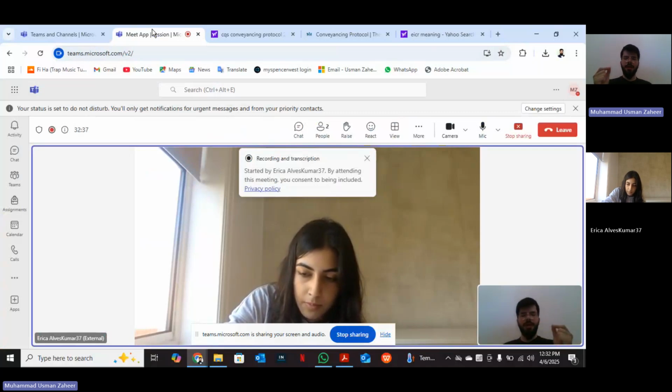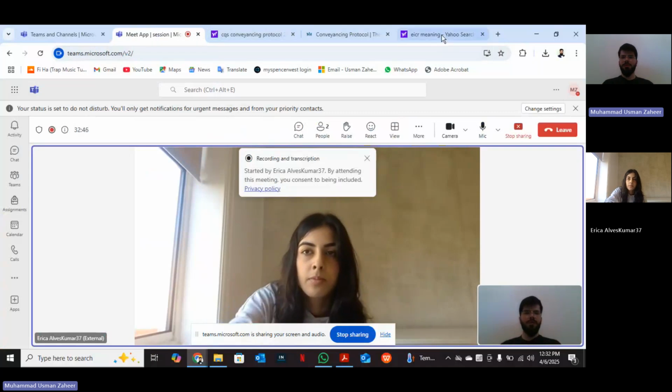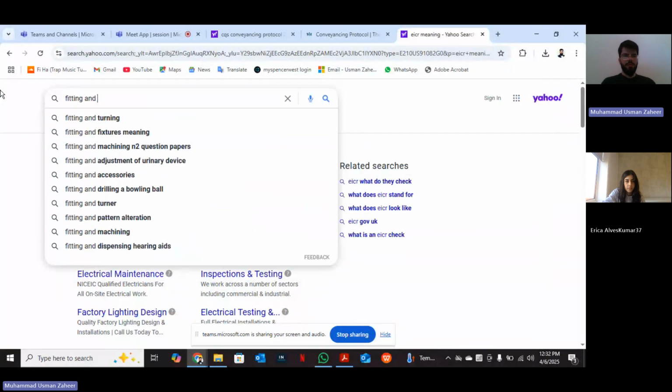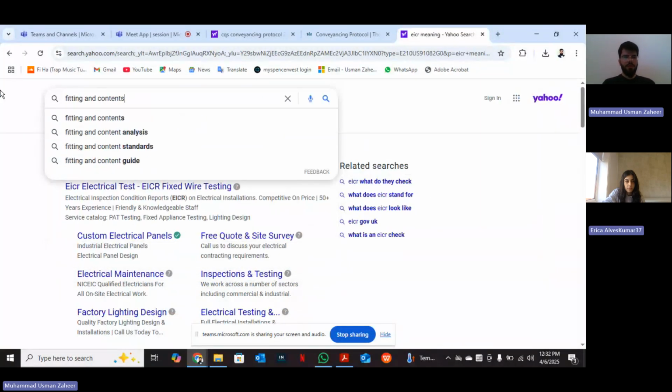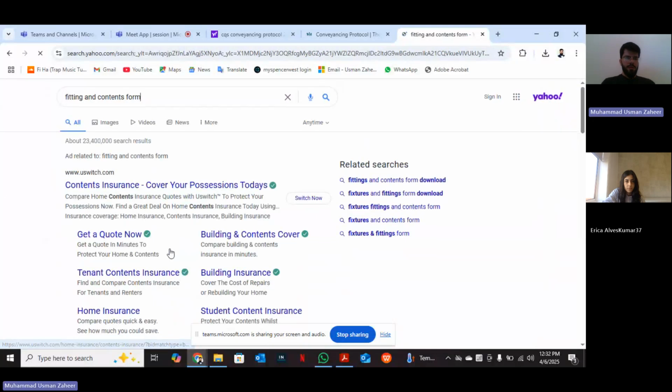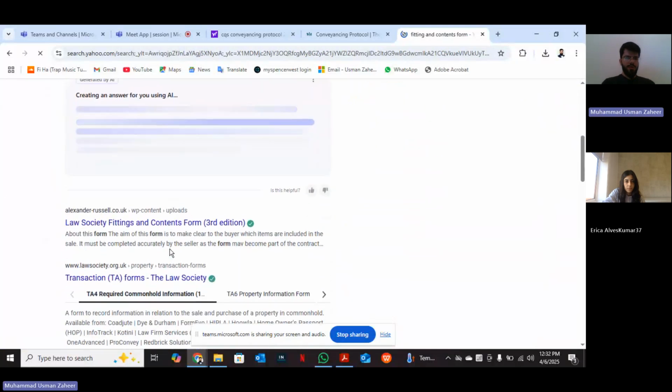Like if there's a bed, is there a price to it? Let me show you what a fittings and contents form would look like. There we go.